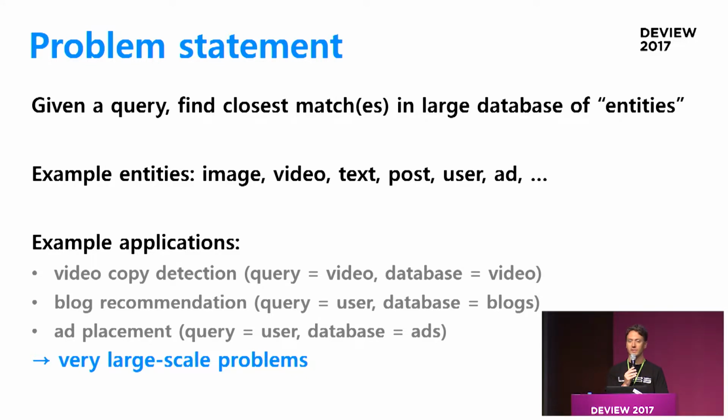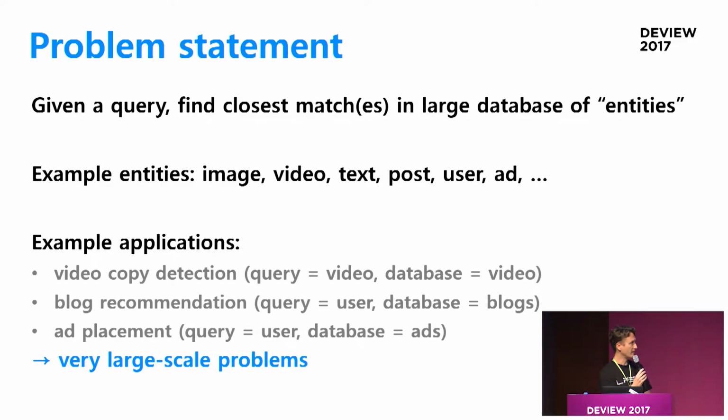Let me mention a few possible example applications. If the problem we are trying to solve is video copy detection, then the query is a video, and the database contains videos, of course. If the problem is blog recommendation, then the query is a user, and the database contains all the possible blogs, and you're trying to match the blog with the user.